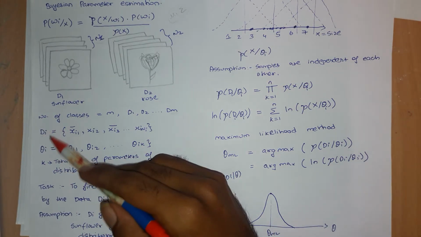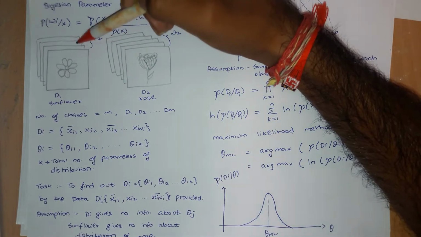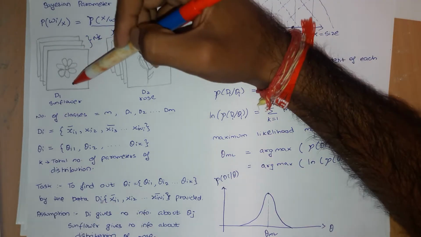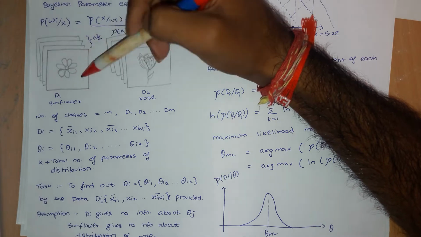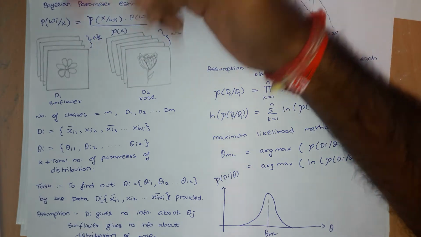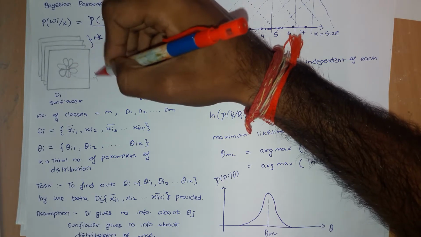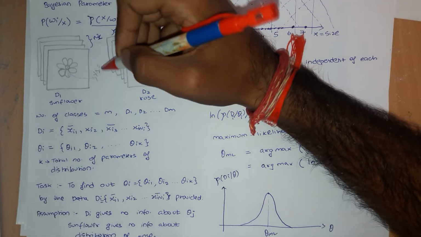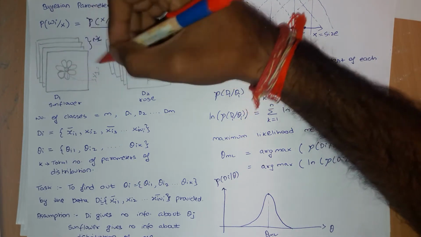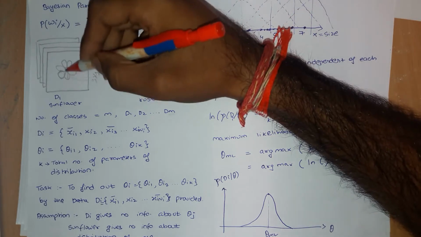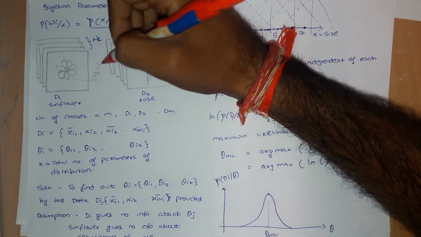Now for every class, say sunflower, I have a particular set of images. The first image belongs to this, the second image belongs to this, and every image will have a feature vector associated with it. This image will have a feature vector size. I have denoted size with x1 throughout my lecture series. Let x1 of this image be 6. The radius that we have taken so long is 6.